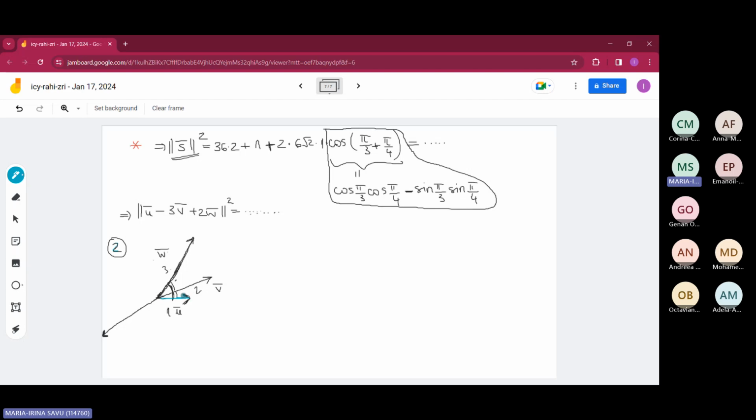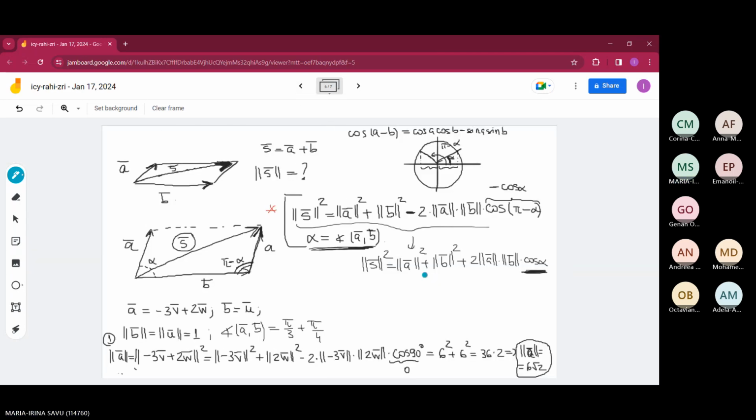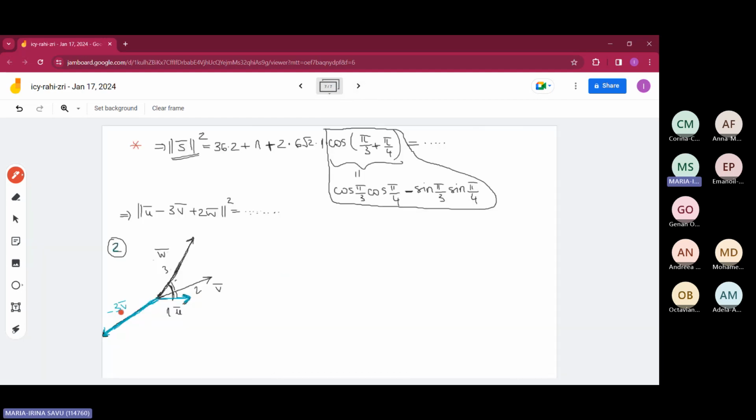So the coefficient of v is minus 3. I want to draw again the sum of u and minus 3v because I'm going to use this formula to find the length of the sum of u and minus 3v.